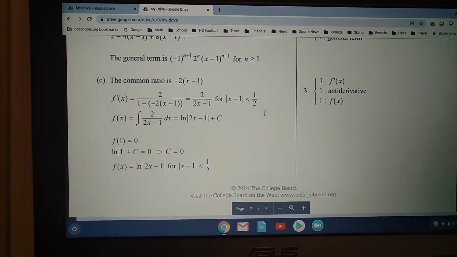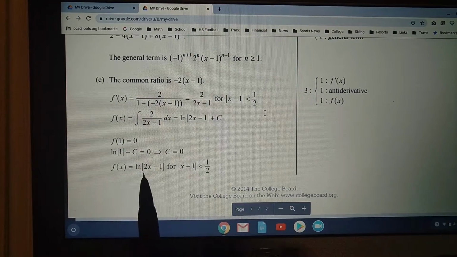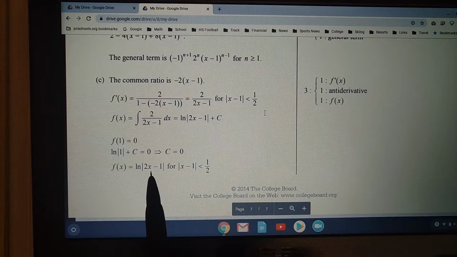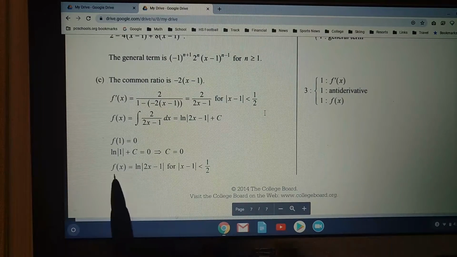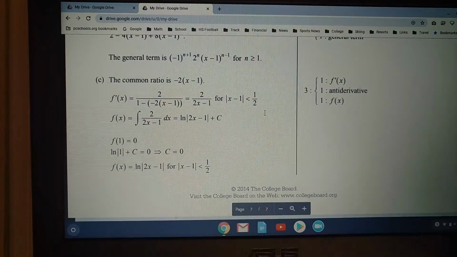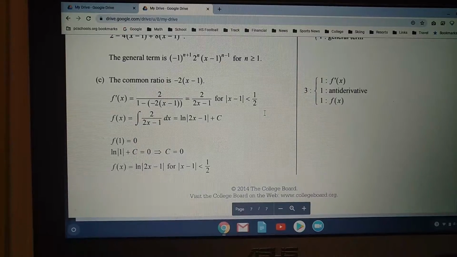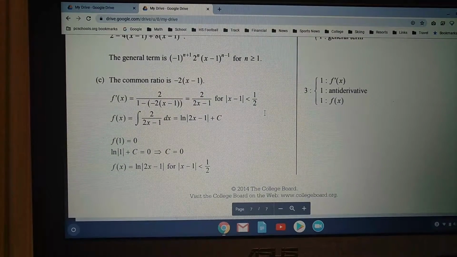And then if you actually go and find the function, which is going to be this natural log of the absolute value of 2x minus 1, finding the function there for f of x, that means you have to solve for the C. That's the key thing, is find the C is 0 and get that expression. Then you get your third point.